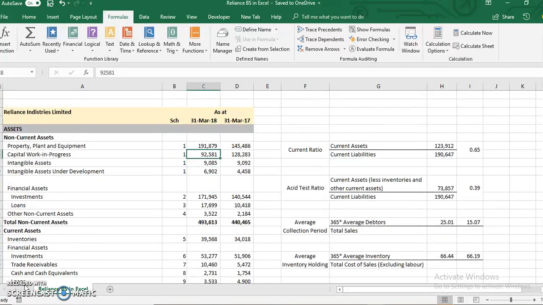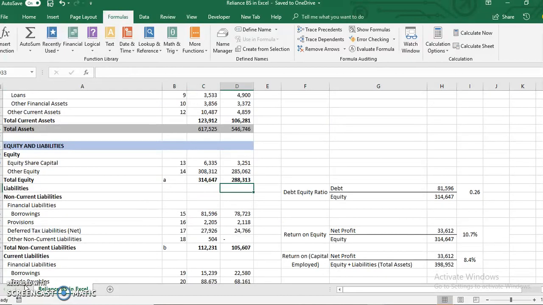So 100,000 is invested somewhere which is not in the operation of the company, and is being used either in capital developments or in investments in subsidiaries and joint ventures. Because this is a standalone balance sheet, you will not be able to see the income from those investments. So there is one more way to calculate it.